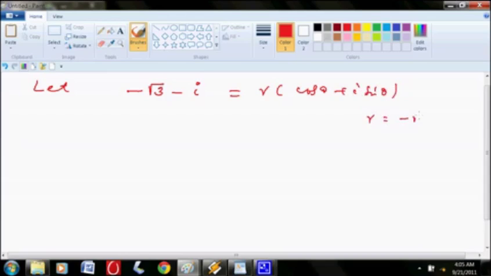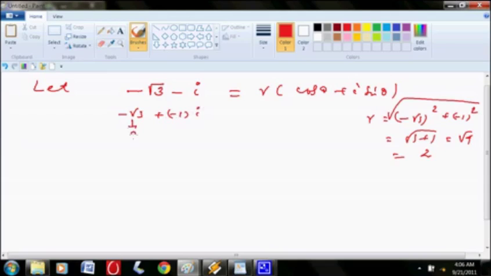So r is the square root of minus root 3 squared plus minus 1 squared, which is 3 plus 1, which is 2. Now, this is minus root 3 plus minus 1 into i. So this is your a, this part is your b.